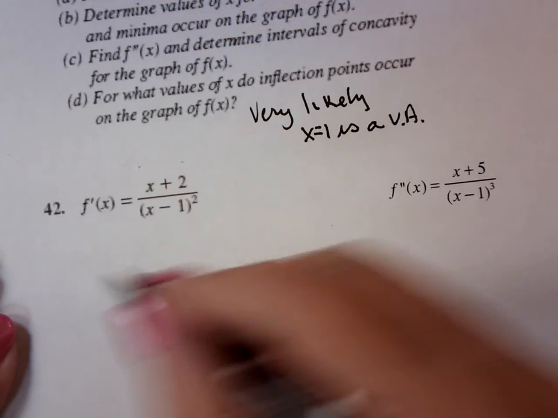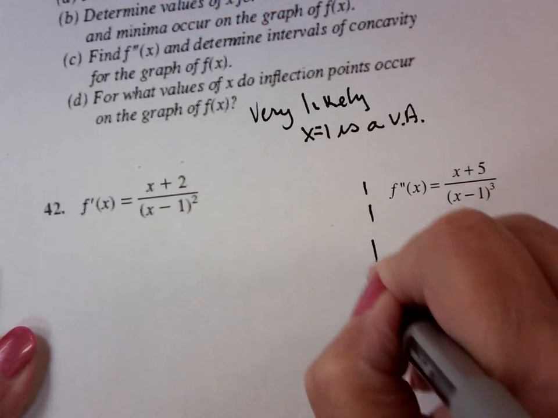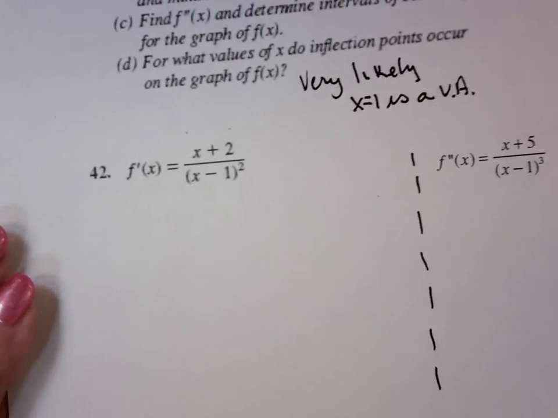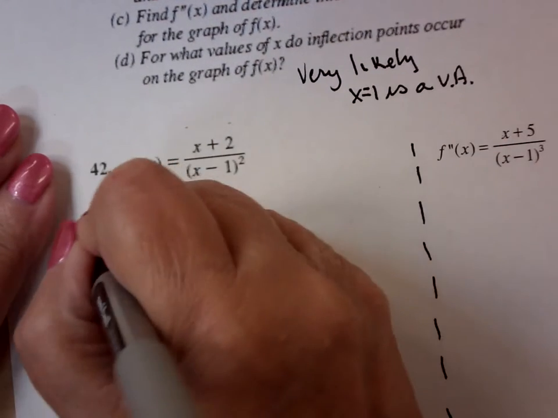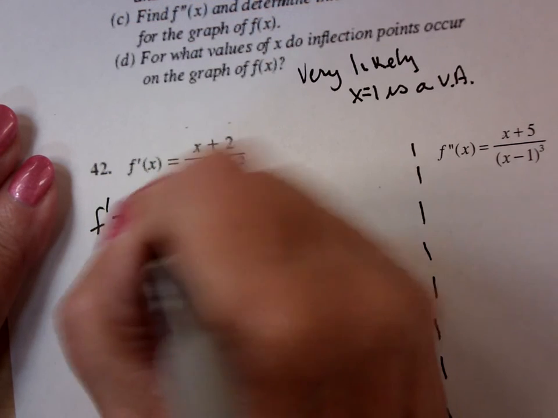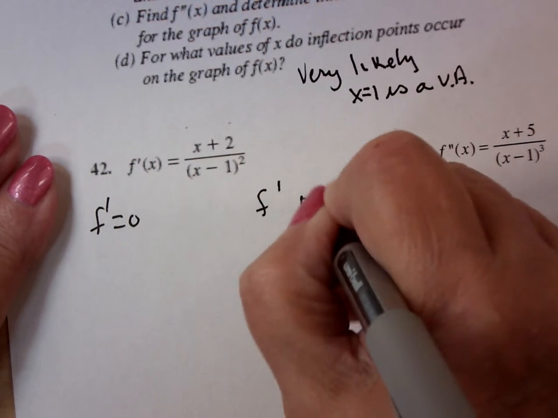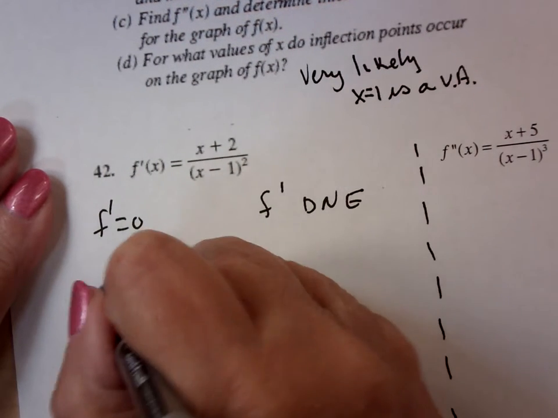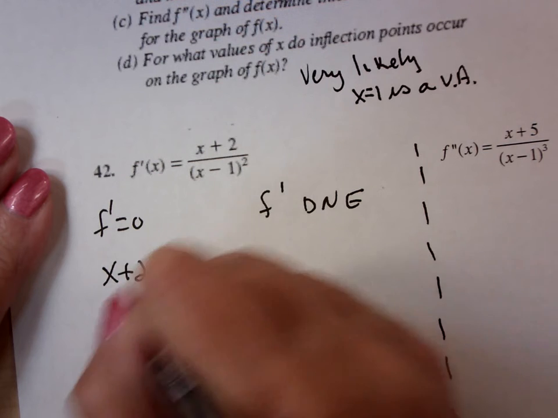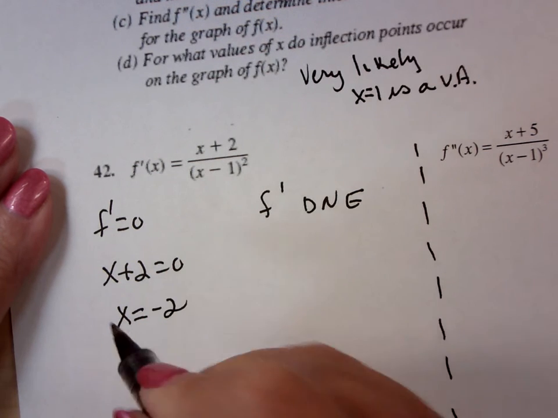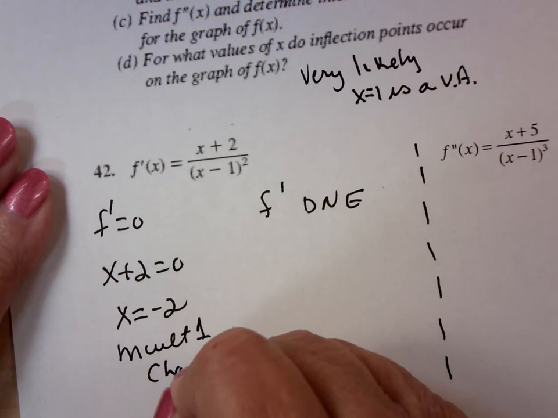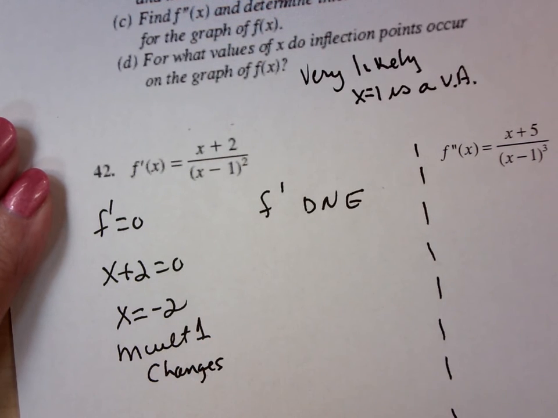I think I'll just break this down the middle here. For f prime, we want to know where f prime equals 0 or f prime does not exist. F prime equals 0 where x plus 2 equals 0, or x equal negative 2. This is multiplicity 1, so we know it changes. And the minute you say it changes, you know it is a max or a min.